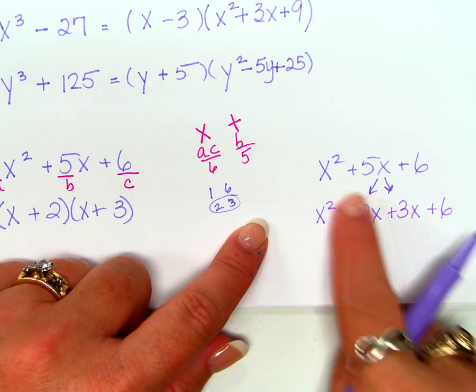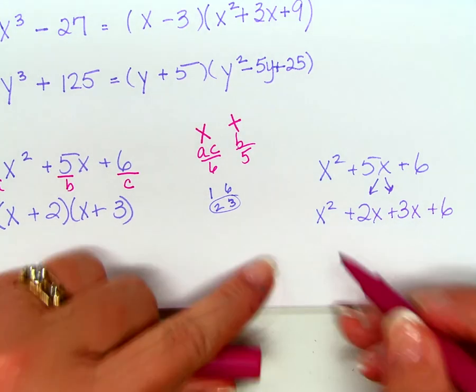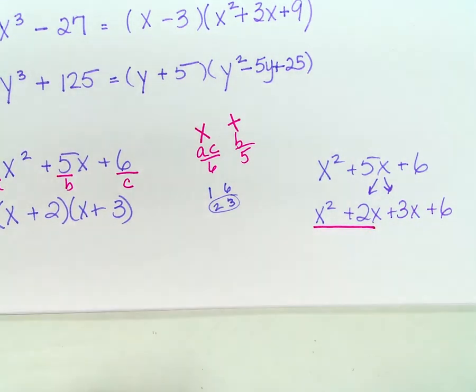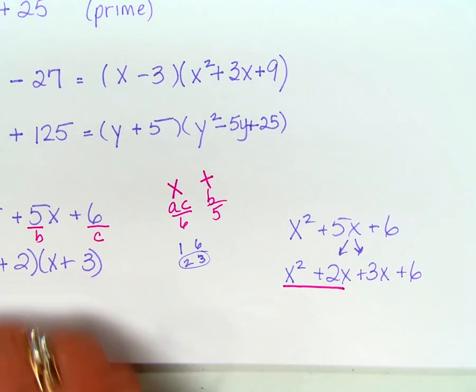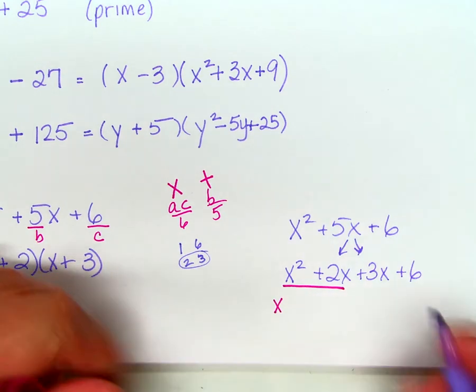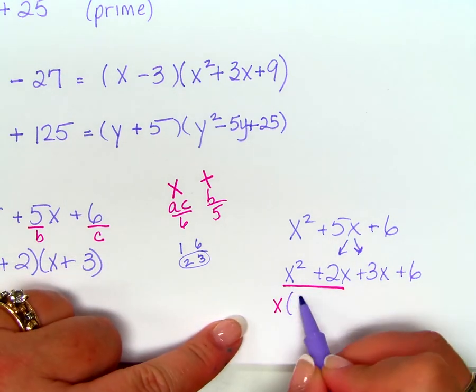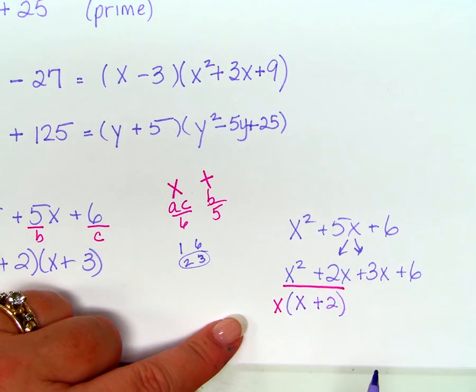Do you see how those two equations are equivalent? Then we just looked at the first two terms and figured out what was the greatest common factor that we could get out of the first two terms. What are they both divisible by? An x, right? Well, what's left if I factor out an x? X plus 2. Remember that?